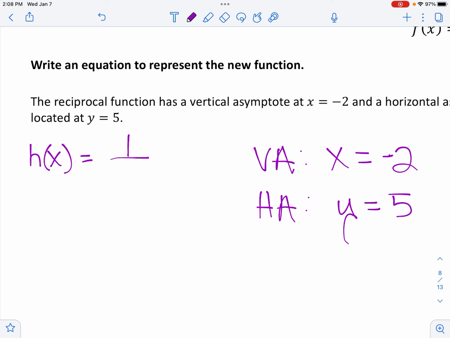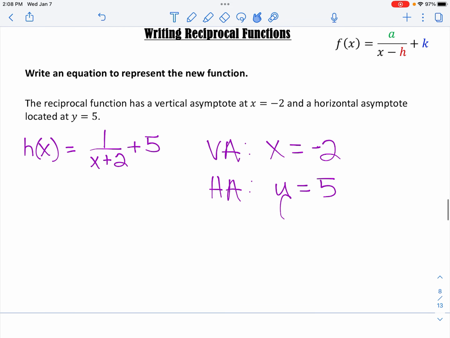Now if my denominator has a vertical asymptote of negative 2, that means this would have to be x plus 2. And then my horizontal asymptote is 5, so that should be then plus 5. So there's a function that has that. Done. Okay, I hope that makes sense.